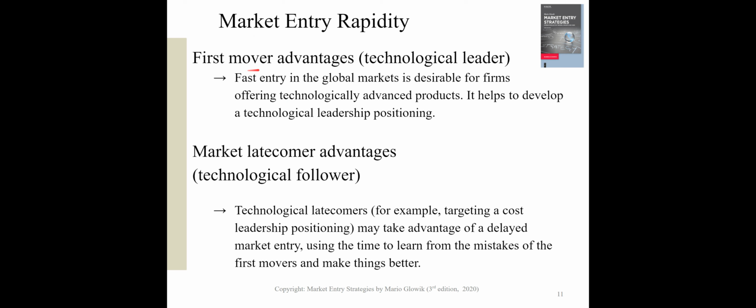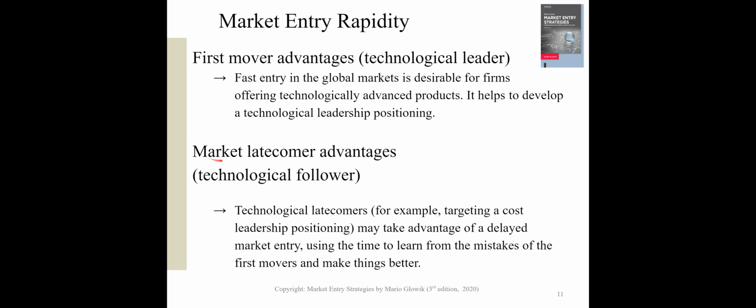We also should think about first mover advantages. Technological leaders usually do not have time to wait, so fast entry in the global markets is desirable for firms offering technologically advanced products. It helps to develop a technological leadership positioning.